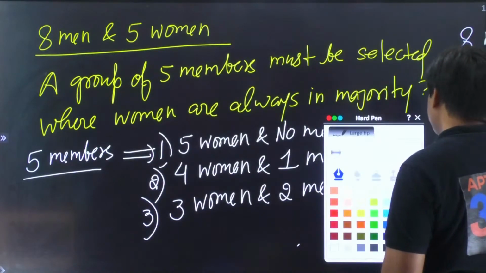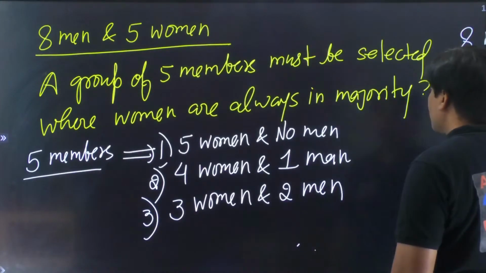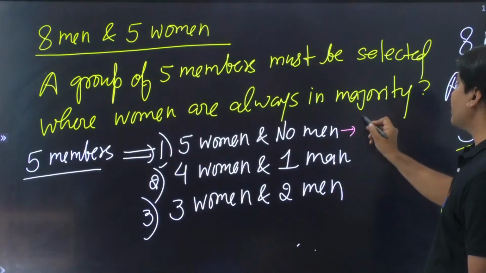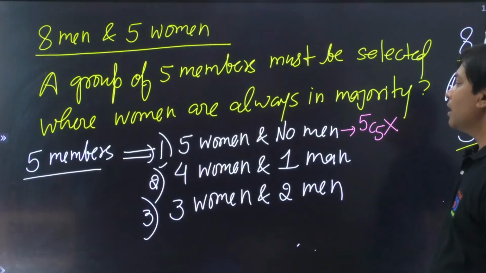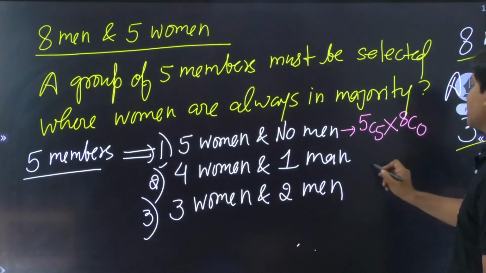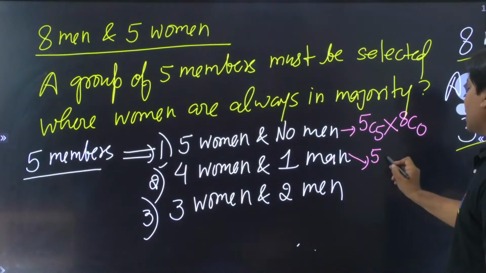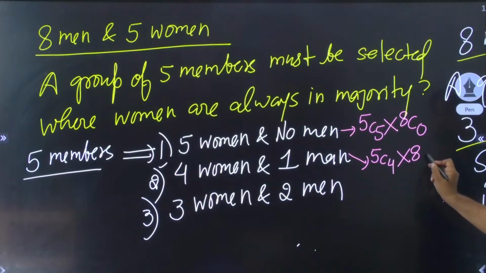और कोई बताओ भाई, और कोई अपना आंसर बताओ. So when you do this, 5 women out of 5 women, I would say that 5C5, and no men out of 8 men, you're selecting no men. How about this? You're selecting 4 women out of 5 women and 1 man out of 8 men.